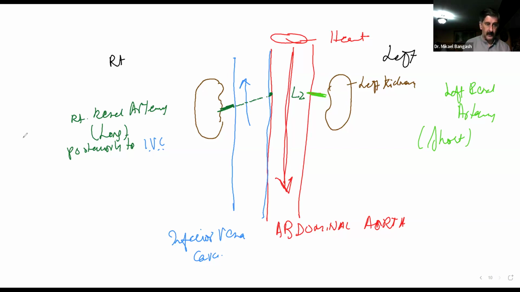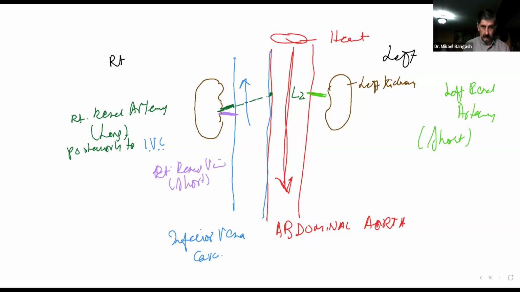Okay, now ladies and gentlemen, since we are at it, let's just talk a bit about the renal veins. So this will be your right renal vein, and it is going to be short.